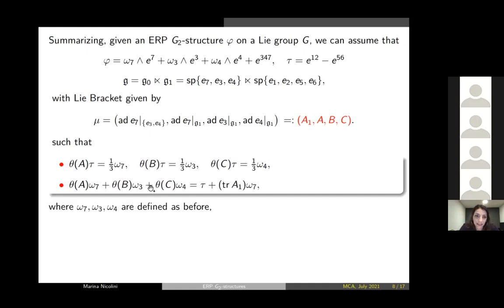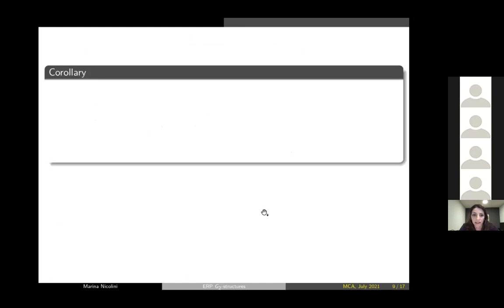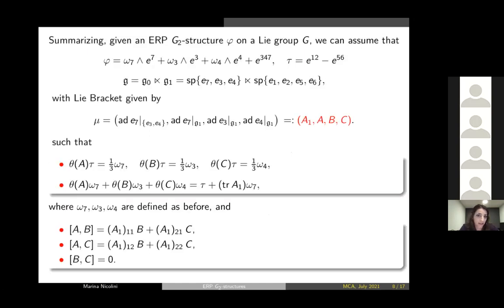And there is this other equation implied by the ERP condition, which is now linear because we have fixed tau. And we cannot forget about the Jacobi condition, which is quadratic and not nice at all. But these are the things that have to be satisfied by A, B, C, and A1 in order to be an ERP G2 structure.